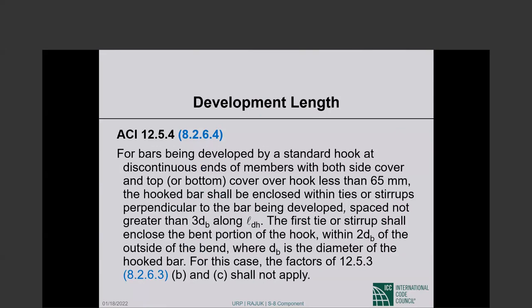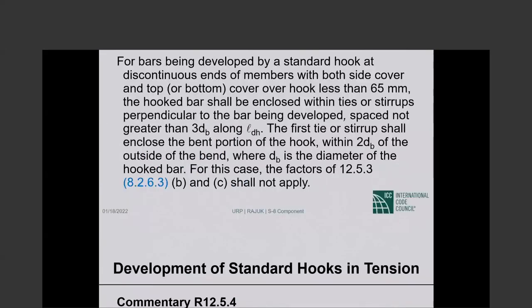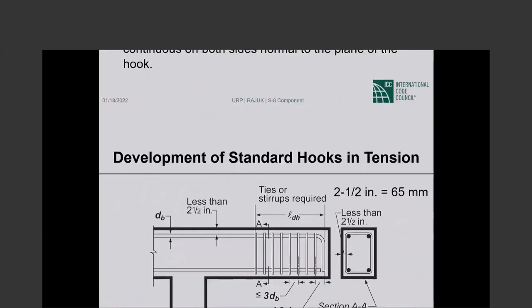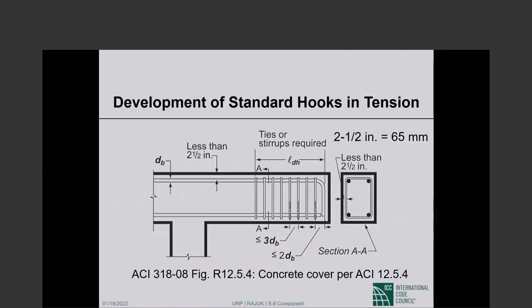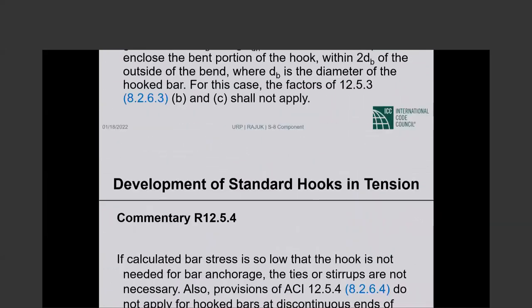The hooked bar shall be enclosed within ties or stirrups perpendicular to the bar being developed. So this language describes this picture. Okay, so in some situations you need this kind of transverse reinforcement. After looking at the picture, maybe the language will make more sense.